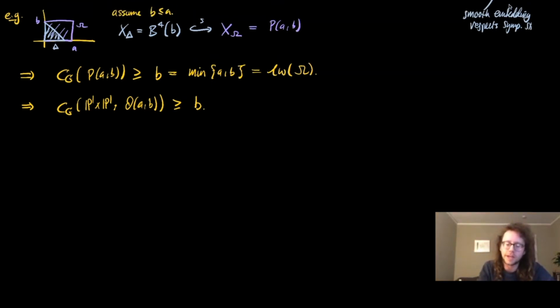Because a ball that I can fit inside omega, at least like this, avoiding this boundary zone, I can still fit inside P1 cross P1.